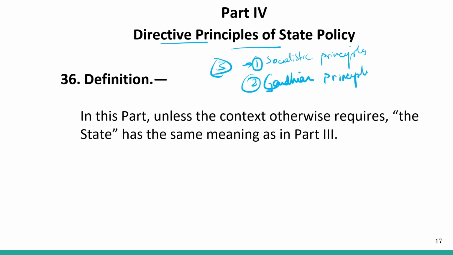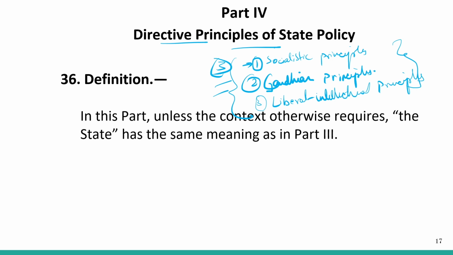And the third being liberal intellectual principles. These are the 3 groups we have to take into consideration in order to retain what exactly the directive principles of state policy are.